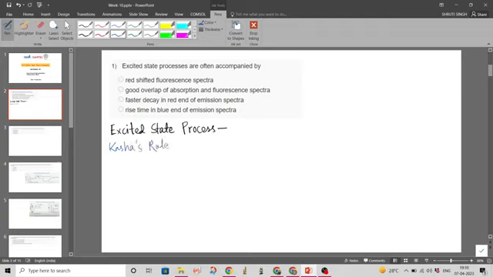So this is Kasha's rule. We have talked about Kasha's rule in the first or second session, that the fluorescence spectra and the absorption spectra are generally mirror images. They should be.